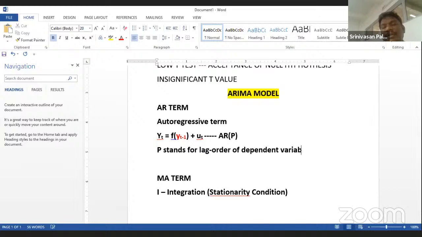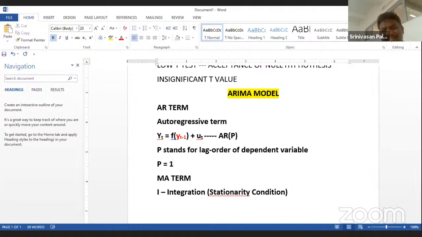So YT minus 1, the data speaks for itself. This is time series data, and this is the AR term. First understand this concept, then we'll go to the estimation. P stands for the lag order of the dependent variable. In the above equation, what is the value of P? 1.